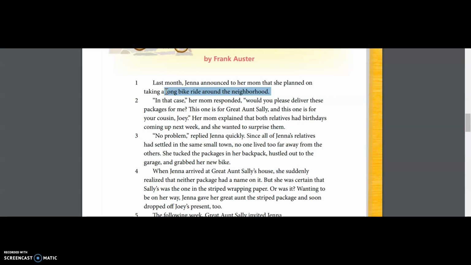But she has to go on a bike ride. If we didn't include that as an important event, then Jenna would never be going out to deliver anything to her great aunt Sally or to her cousin because her mother only asked her to go make a delivery because Jenna announced that she was going on her bike ride. So when you think about which events to include in this next section, ask yourself, is it important or is it unimportant?